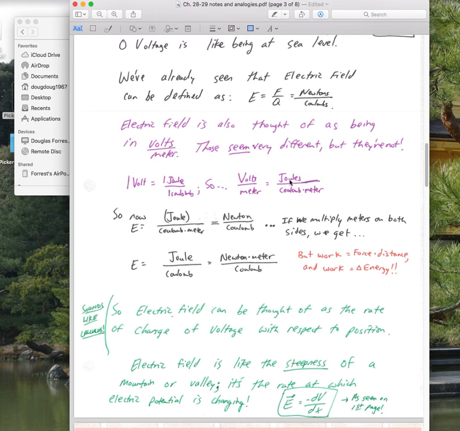Well, if a volt, again, is a joule per coulomb, actually, I don't think I've got that right. Volts per meter, joules per coulomb, but a joule is a force times distance over that. Okay, got it.